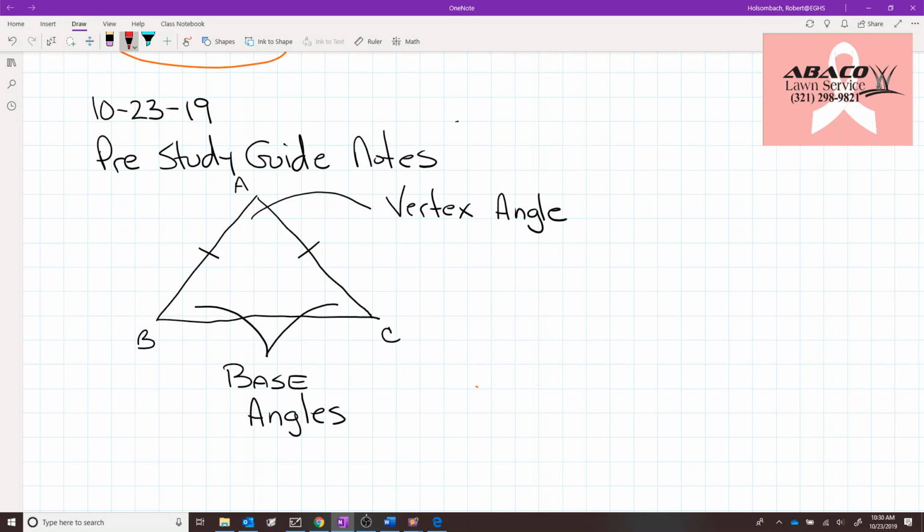In an isosceles triangle, the two sides that are congruent to each other are called legs. Alright, the two congruent sides are called legs.